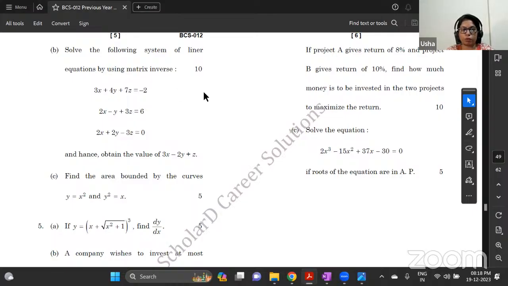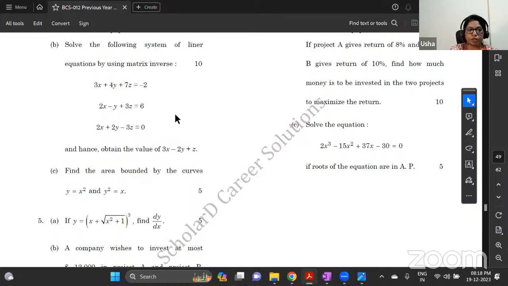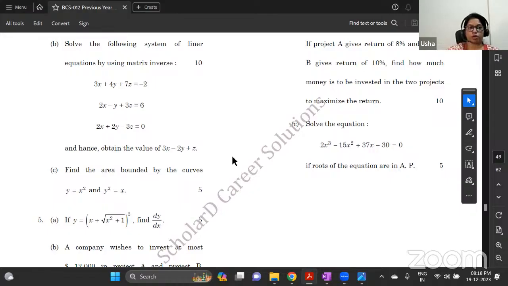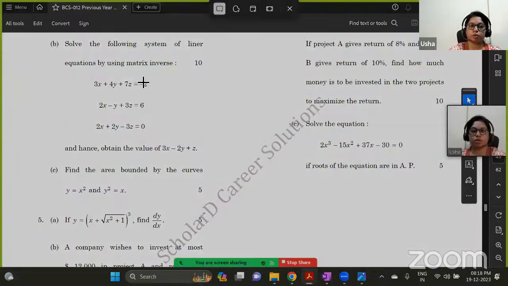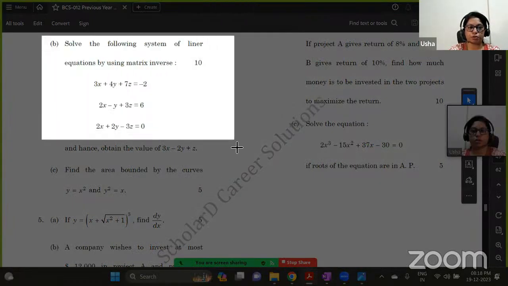Solving system of linear equations by using matrix inverse is where you have to write the coefficients in the form of a matrix, find out its inverse, and then multiply with B to get the answer. Okay, hence obtain this value. So whatever matrix is given, once you know how to find inverse, I'm not going to solve this question. I'll just tell you the procedure.